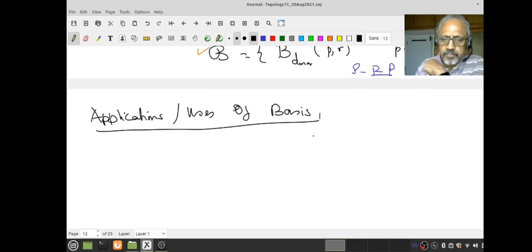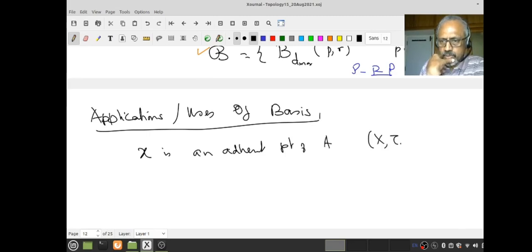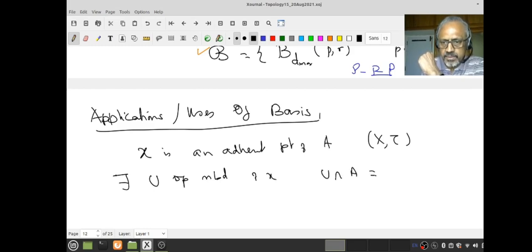Suppose I want to say x is an adherent point of a set A in a topology. Then what should I do according to the definition? Take any open neighborhood U of x, then U intersection A is non-empty. This is what I have to prove, right?